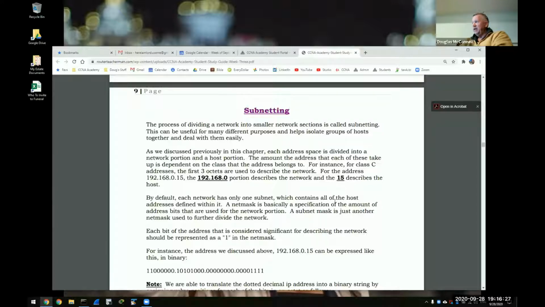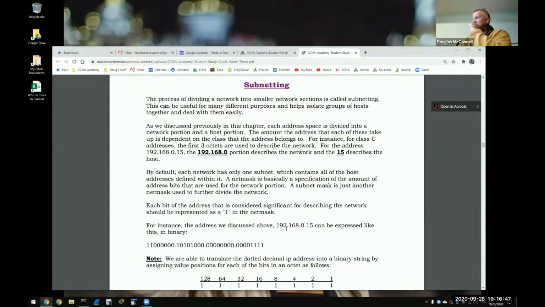And the net mask is basically just a number or a specification in binary of the amount of address bits that are used for it. Now remember, each bit is considered significant when it is a 1 in the net mask.